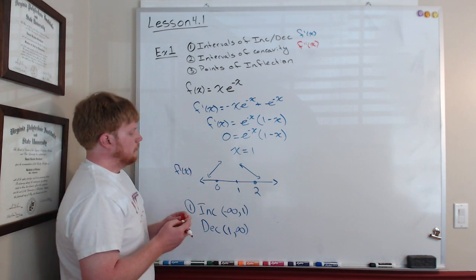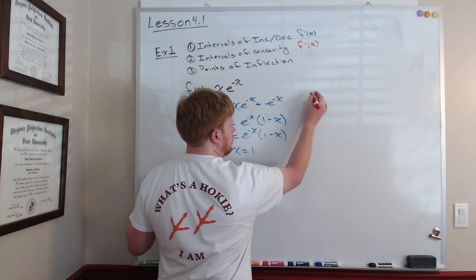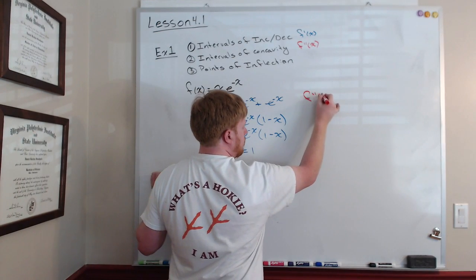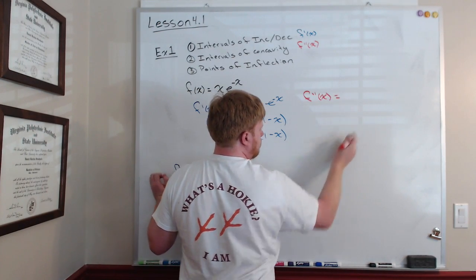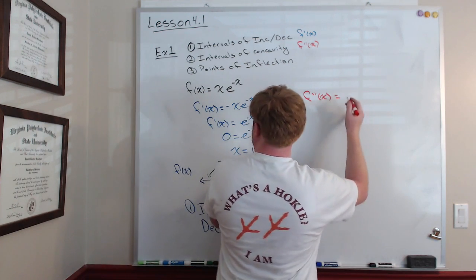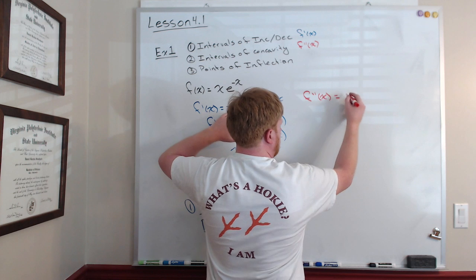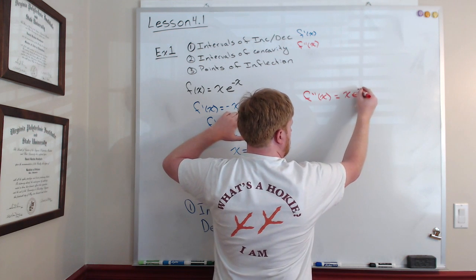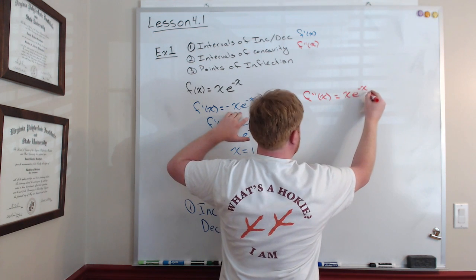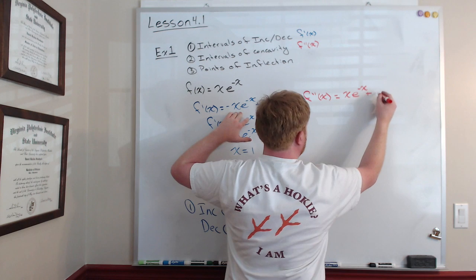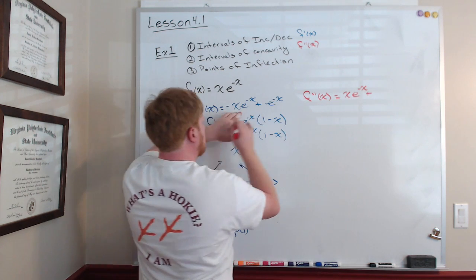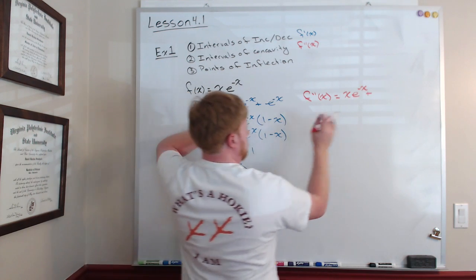All right, moving on to the second derivative test. Let's see. I'm going to do product rule here, first times derivative of the second plus the second times the derivative of the first.